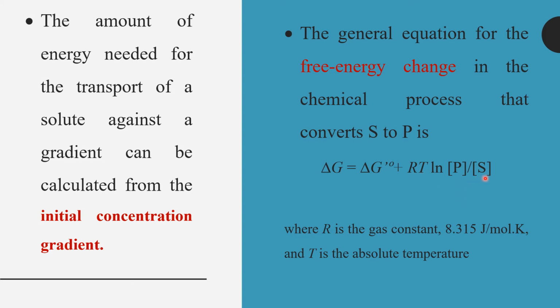So in RT, R is the gas constant. P is the product and S is reactant. Now in this solute uptake, the product is the solute that is uptaken, means which has entered into the cytoplasm, and the substrate is the concentration of solute outside the cytoplasm, that is in the periplasm. Okay, first it was in the periplasm, after that it came into the cytoplasm. Solute is same, but first it was in the periplasm, therefore it is S, and when it comes to cytoplasm at the end of reaction, it is P. Okay, so higher the concentration in the periplasm, the lower the energy required will be.